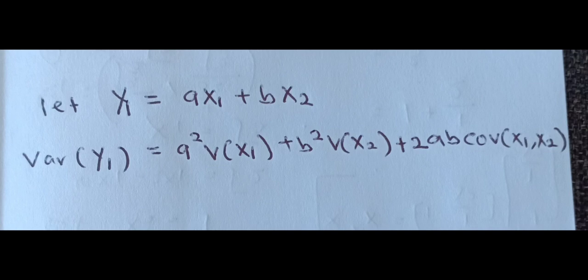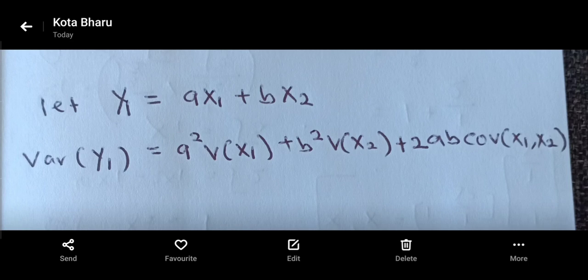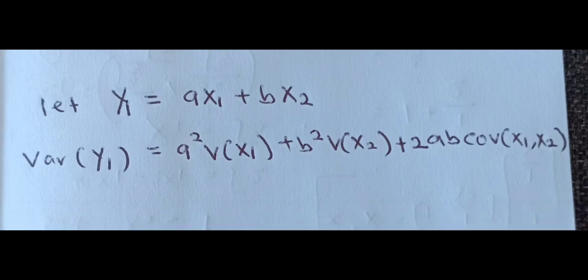So the variance of y1 will be, bila you variance kan all of this linear combination, dia punya perkali kat depan ni akan jadi a square multiply variance of x1 plus b square multiply variance of x2, then plus 2ab multiply covariance of x1, x2.